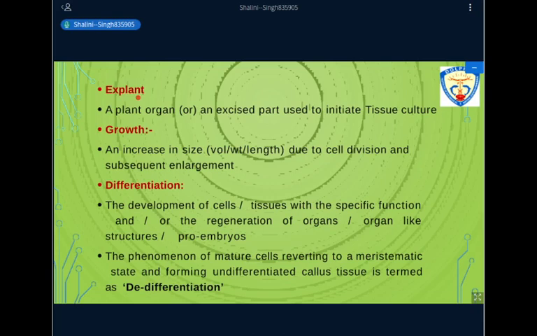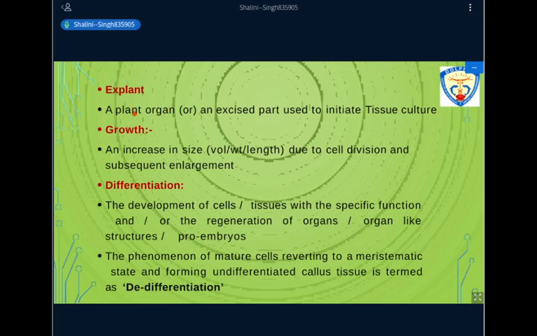When I am saying a complete plant, that means that plant would be having all the required plant parts, roots, shoots in complete form. Then it is known as a complete plant. And explant is a starting material. It is a plant organ or an excised part which is used to initiate tissue culture. So you are taking a plant tissue and you are culturing it to make a complete plant.